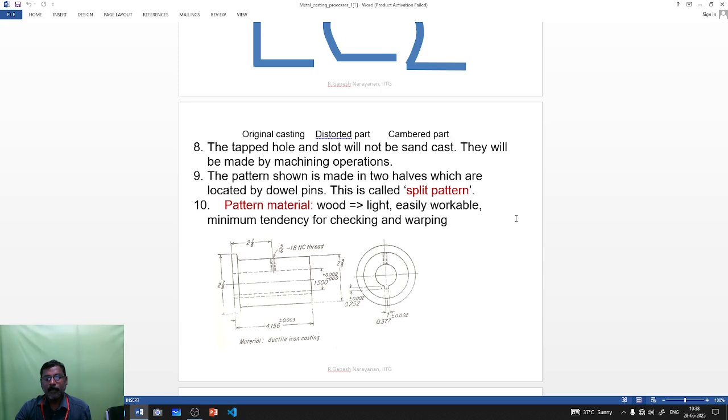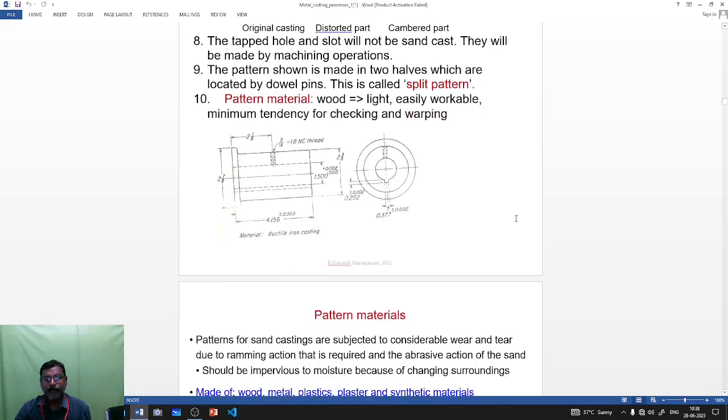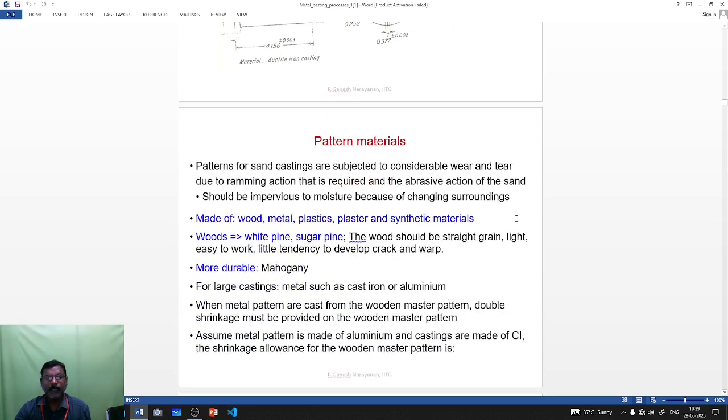So pattern materials should be easily workable, with minimum tendency for checking and warping. Patterns for sand casting are subjected to considerable wear and tear due to ramming action and the abrasive action of the sand, and should be resistant to moisture because of changing surroundings.